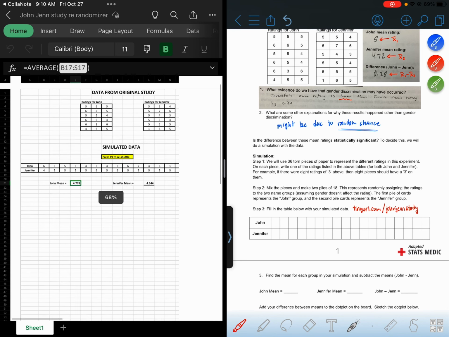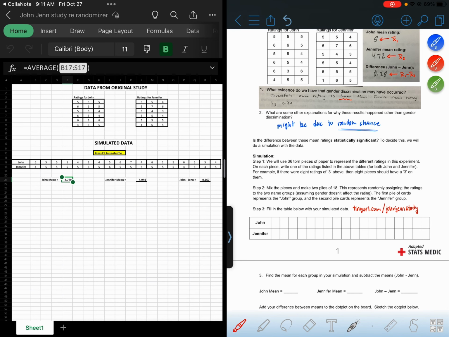Now I also designed this Excel sheet so that it will automatically calculate the mean of John's new scores and the mean of Jennifer's new scores and the difference so that you don't have to go through that trouble. So all you're going to do now is everybody's going to do their own trial, right? Because we want to get a lot of results.